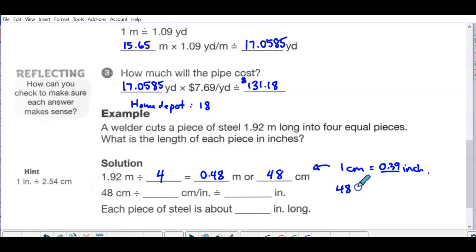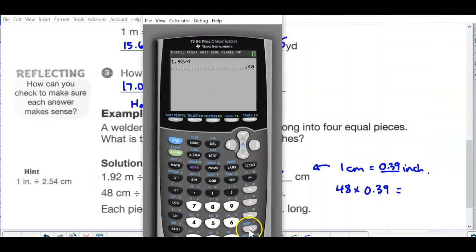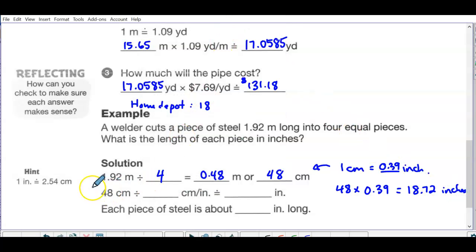I'm going to take 48 and multiply 0.39. I'm not going to use the 0.48 that's in my calculator because remember I converted in my head. So now I'm going to take 48 times 0.39, and that's 18.72 inches.